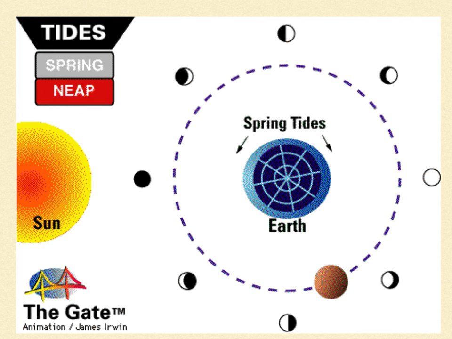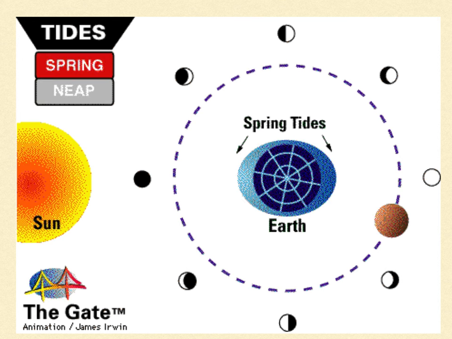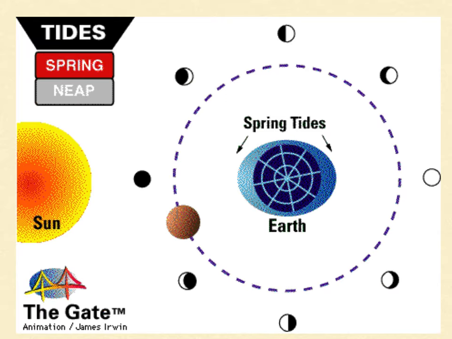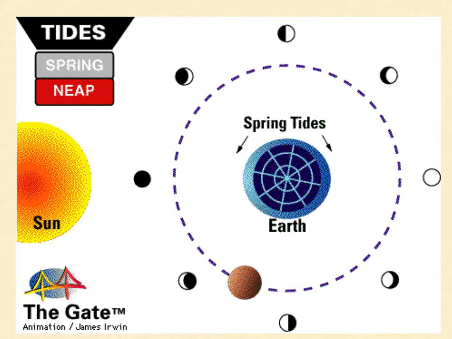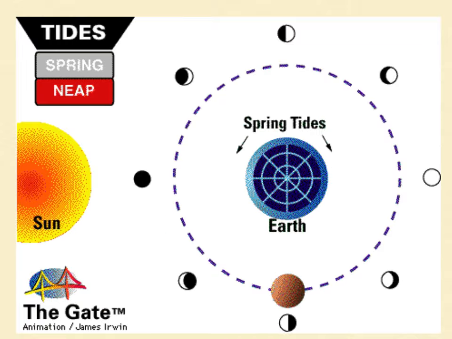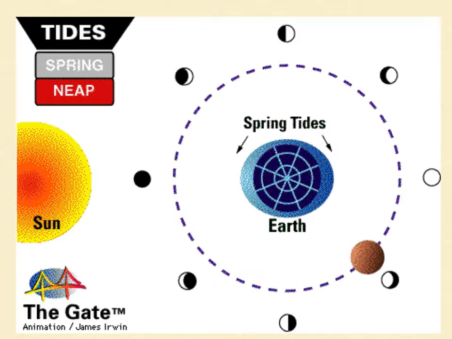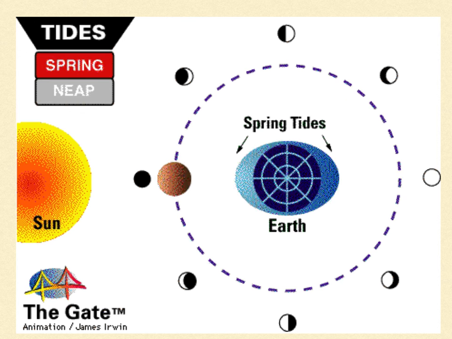And when the moon is at right angles between the earth and the sun, we have what's called a neap tide, which is the lowest of the low tides. Spring tide is highest of the high, neap is lowest of the low. And this graphic also shows you the phases of the moon in each one of these positions. Remember, it takes about a month for the moon to orbit the earth. So we will have our highest of high tides twice a month and our lowest of low tides twice a month.